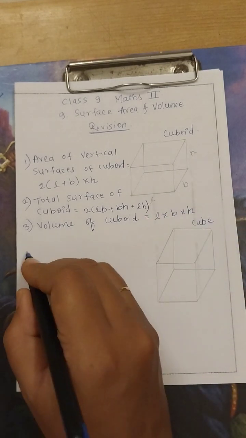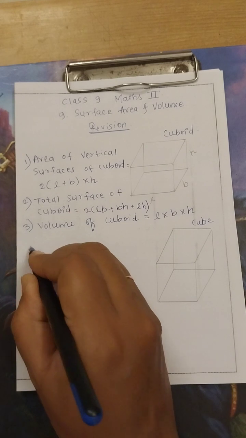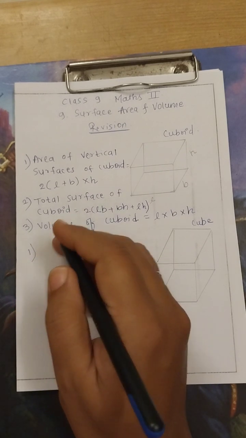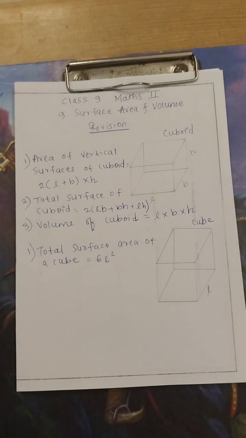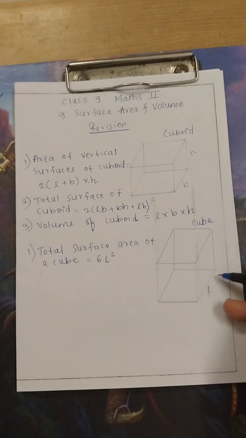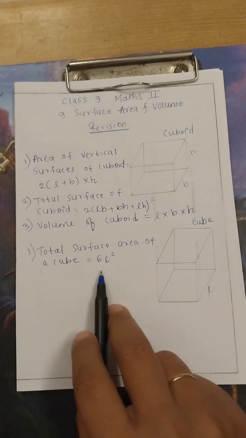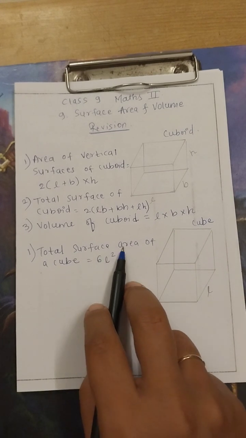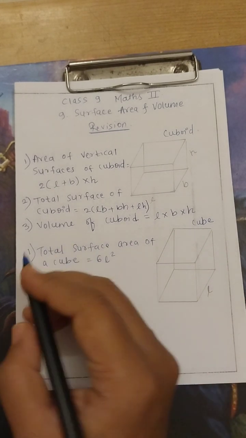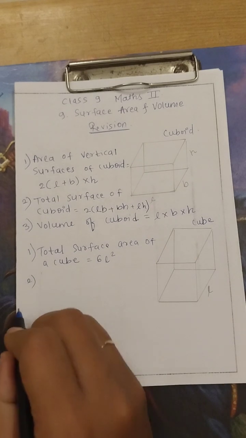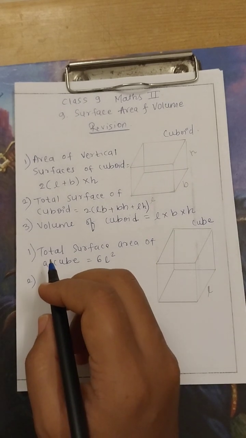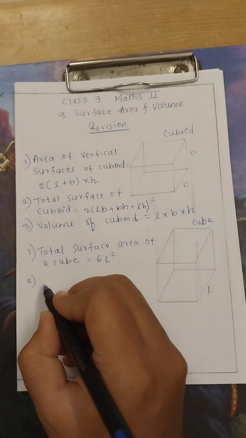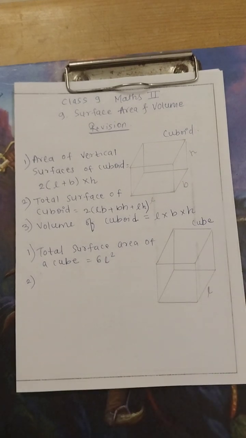The first formula of cube, total surface area of a cube. Let's consider L be the edge of the cube, and the total surface area of a cube is 6L square. Also you can find the area of vertical surfaces of a cube.